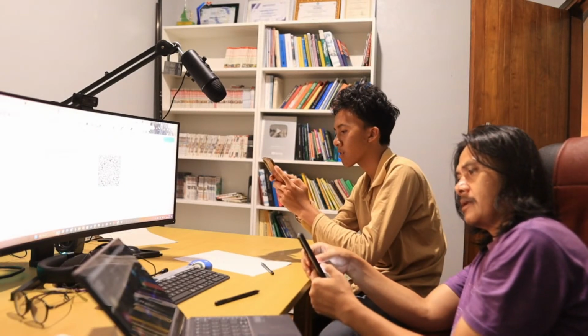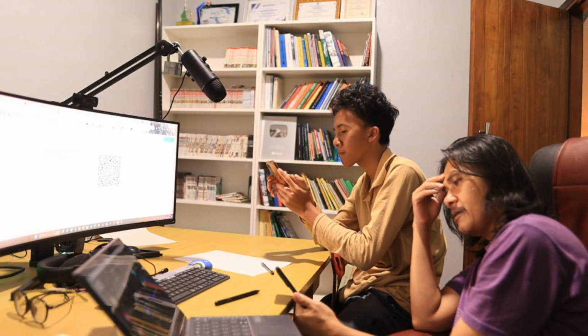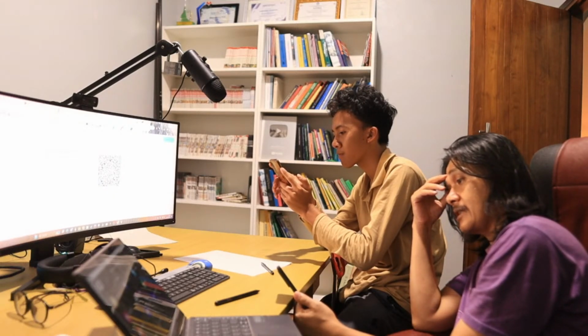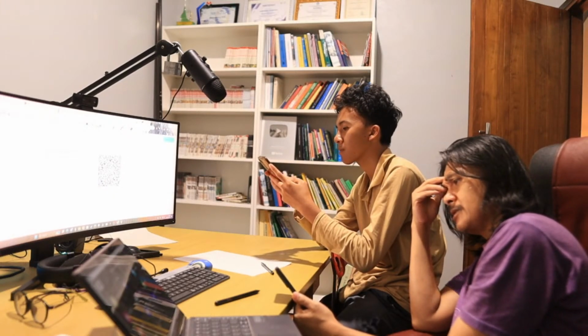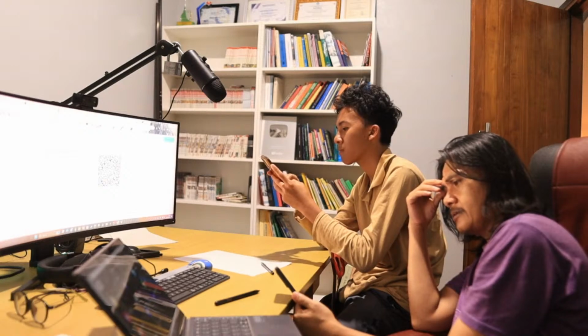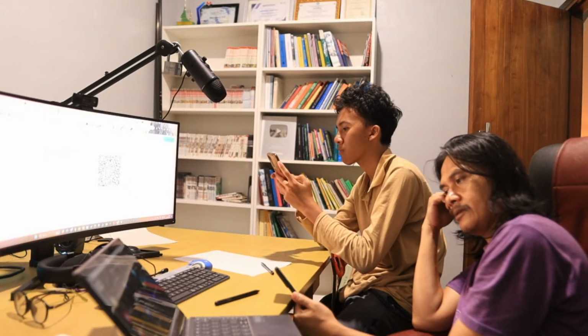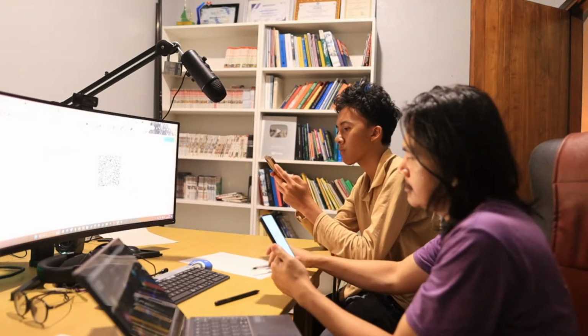Lingkaran berada dalam persegi ABCD dengan sisi 8 satuan bersinggungan dengan AB dan CD seperti pada gambar. So A-nya 4, and then what do we know?